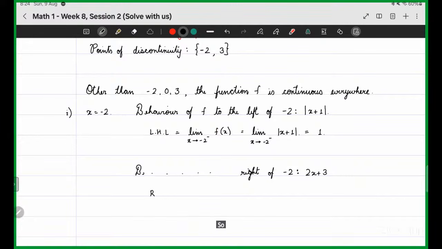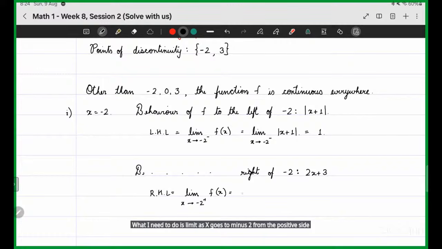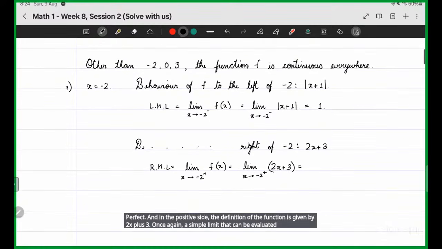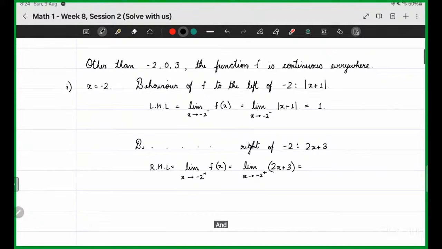So if I want to calculate the right-hand limit, I need limit as x goes to -2 from the positive side of f of x, and on the positive side, the definition of the function is given by 2x plus 3. Once again, a simple limit that can be evaluated just by substituting. And what I will get is -1.